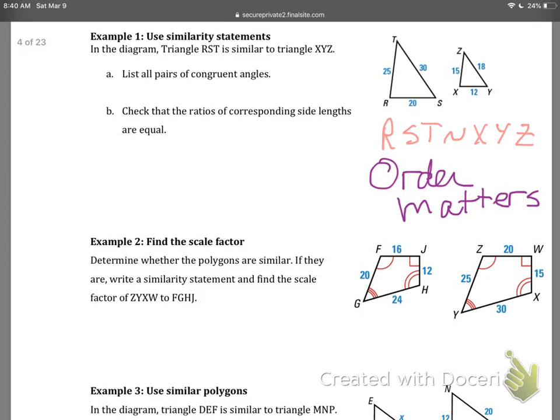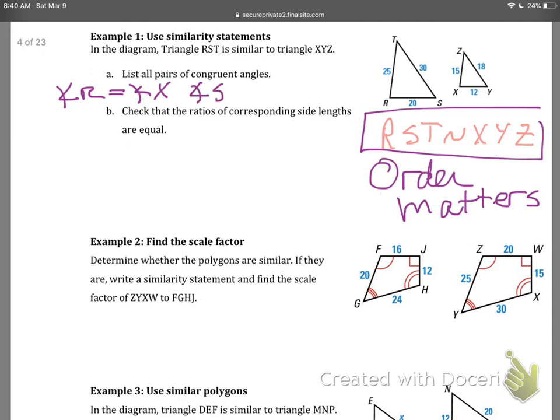So first thing they're going to ask us to do is to list all the pairs of congruent angles. Now, I like to do that from the similarity statement, because then I don't get confused in case the orientation of the figure is different. So looking at the similarity statement, which is right here, what I would say is angle R is congruent to angle X, matching up the first letters of each triangle.